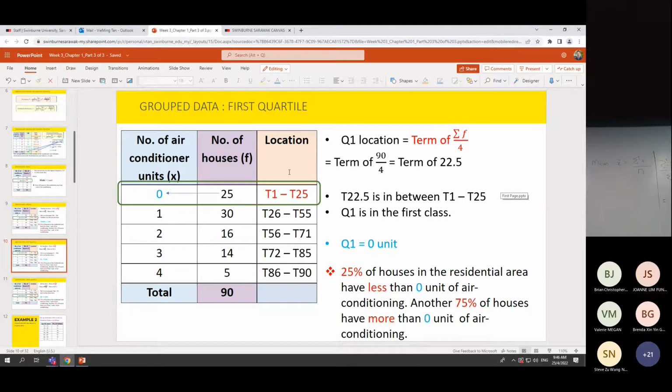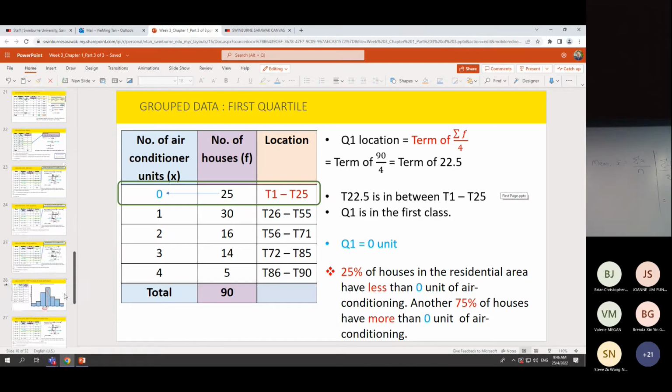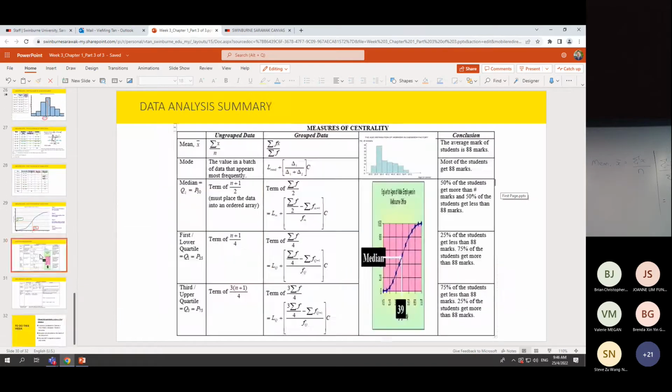The second step is to identify the term of Q1. What's the formula? We have to use total F divided by 4. Last week, when we studied ungrouped data, we used n plus 1 divided by 4.